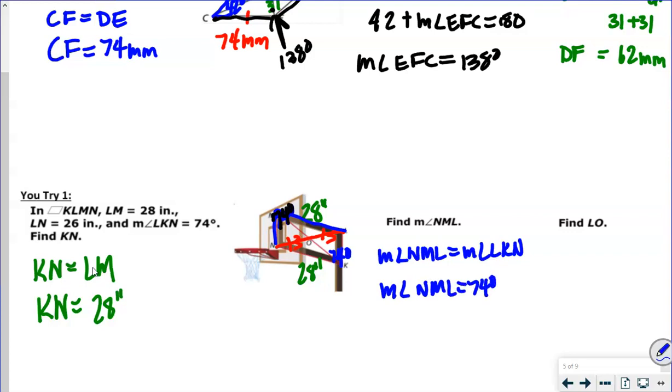Then LO. So we had that LN, which is the whole diagonal, was 26. So if we were trying to find LO, then we would take 26 divided by 2, which is 13, right? The whole thing was 26, so half of it is LO, L to O right there, okay?